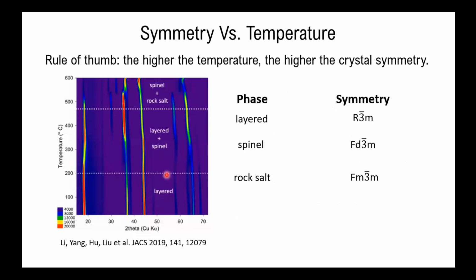So this is some thermal stability study we did some time ago. It was published in JACS, in collaboration with Ichigino from SLAC. This is typically what we observe when we're heating up the charged cathode, which originally has this kind of layered structure. As we heat up the sample, we are simulating what is going on when there's a thermal runaway in the battery system, right?